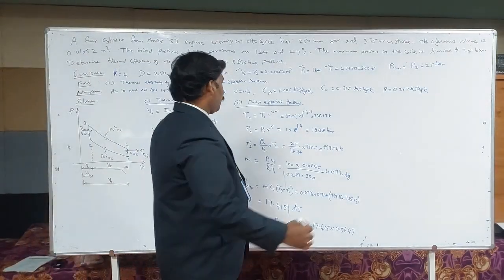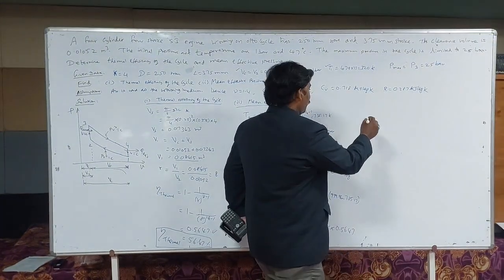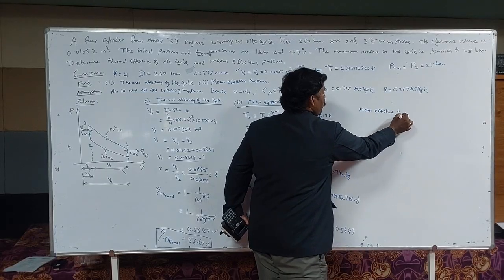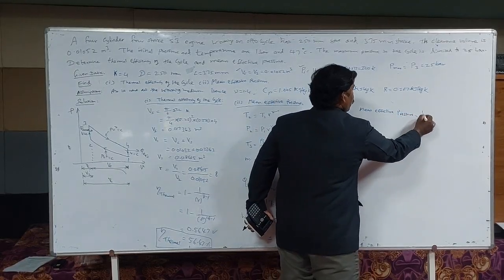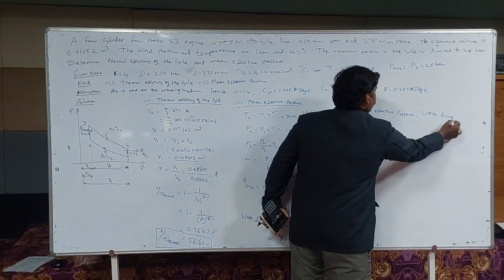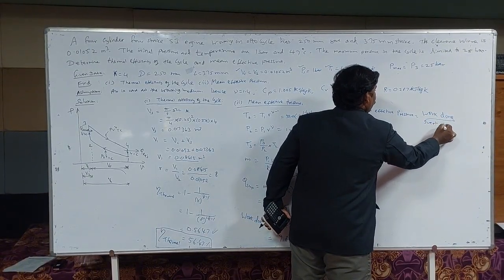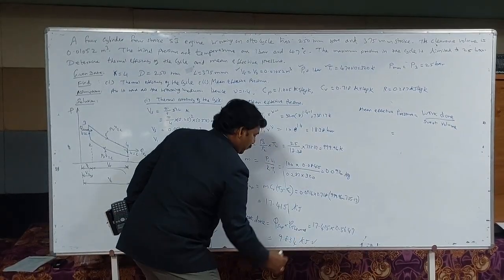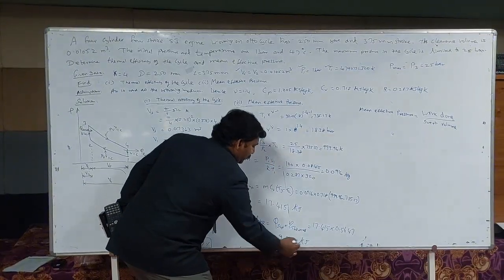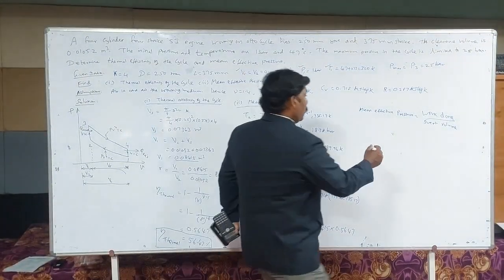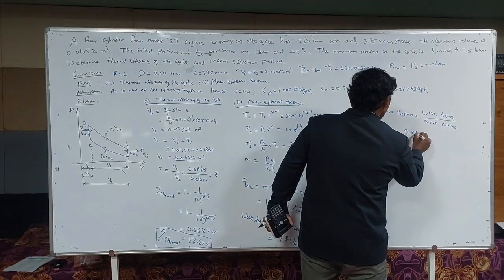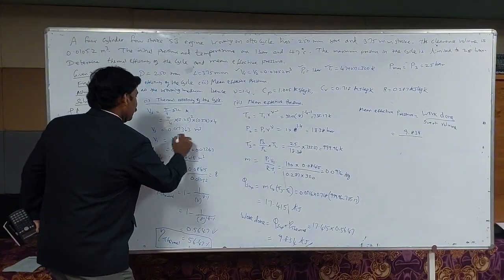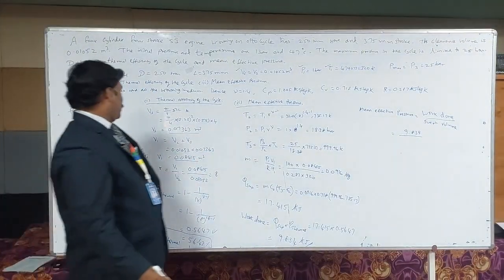And then I have to find out the mean effective pressure. The mean effective pressure is equal to work done divided by swept volume. Work done is 9.834 kilojoule, divided by the swept volume, which we have found out here as 0.07363 meter cube.